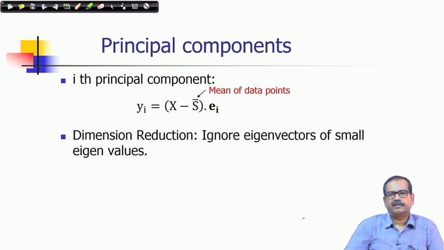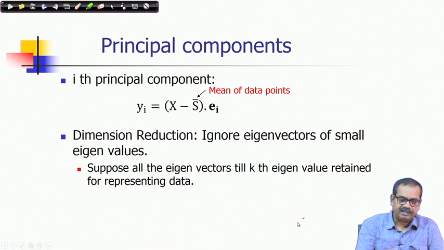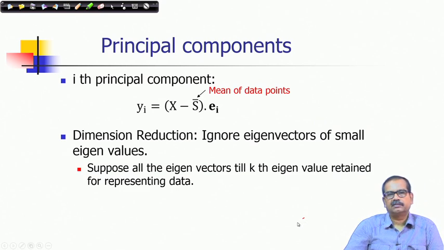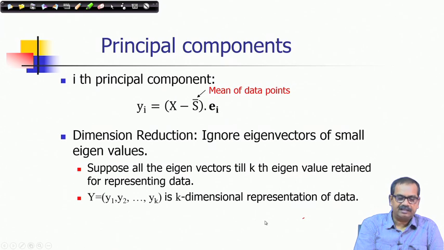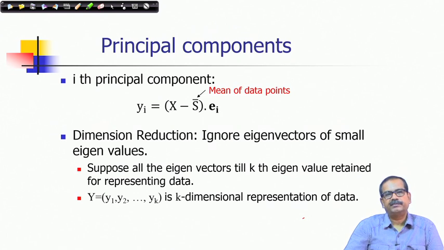That means, for a data point we can reduce the dimension by ignoring those components whose eigenvalues are very small. There is an interpretation of eigenvalues: they represent the variances of the residuals. So, suppose all the eigenvectors till the kth eigenvalue are retained for representing data, then the data can be approximately represented by a k dimensional representation.